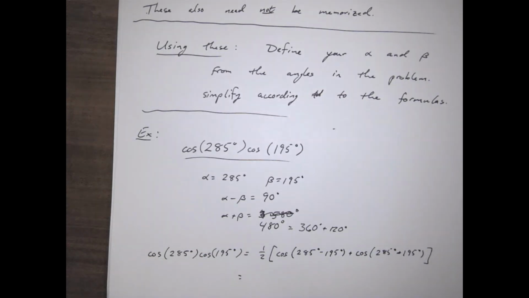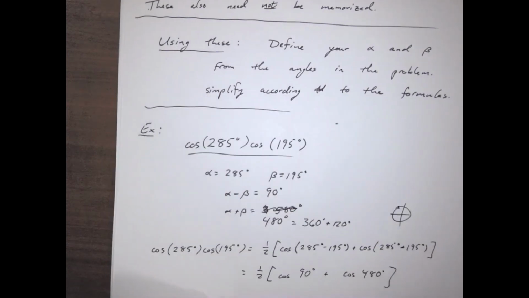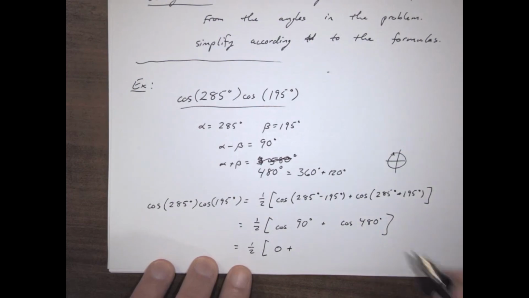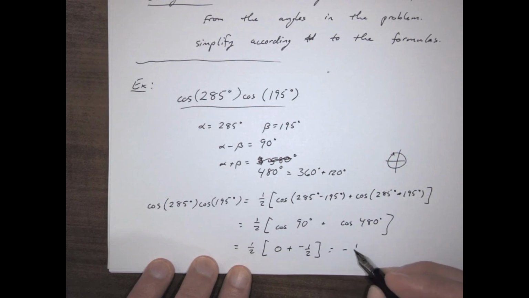And then that equals just 1/2 cosine 90 degrees plus cosine of 480, and so that's going to be 1/2 of 0 plus 480 is over here, so it's going to be negative 1/2, and so the result will be negative 1/4.